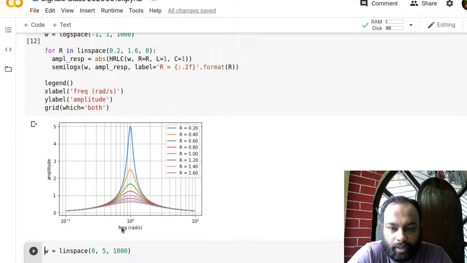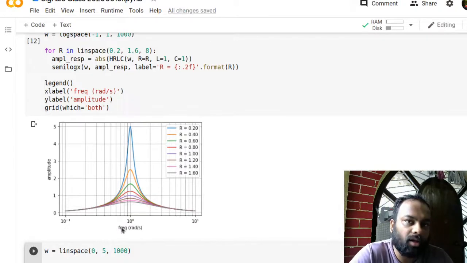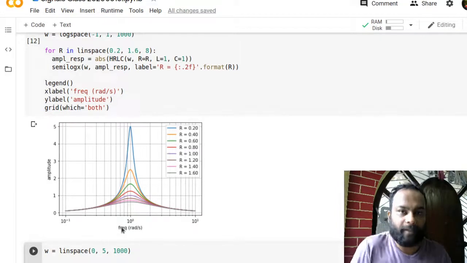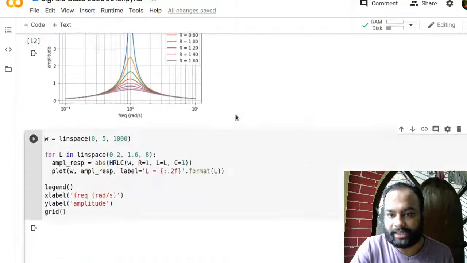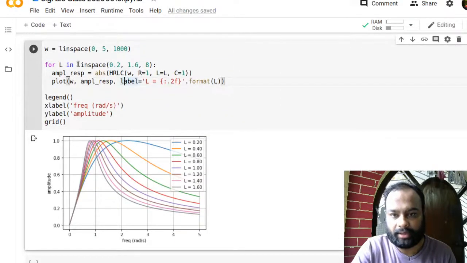That discrimination is quite properly visible. In the previous plot, it did not look like that. So yes, a logarithmic scale gives you a better understanding of the underlying changes.